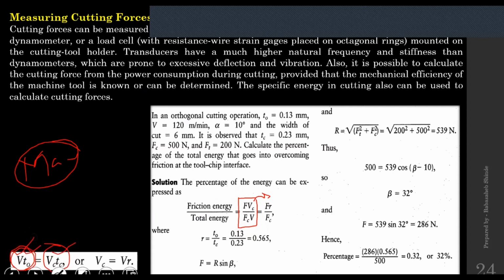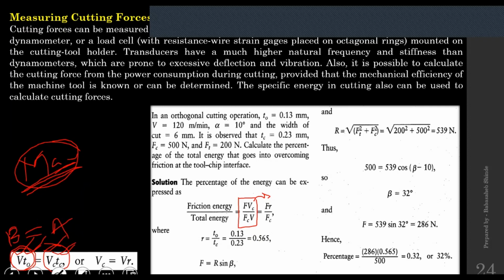V is the cutting velocity and T0 is the uncut chip thickness, whereas VC is the chip velocity and TC is the chip thickness. So this is before cutting and this is after cutting. We are going to equate those two because mass entering and leaving or before and after should remain constant.